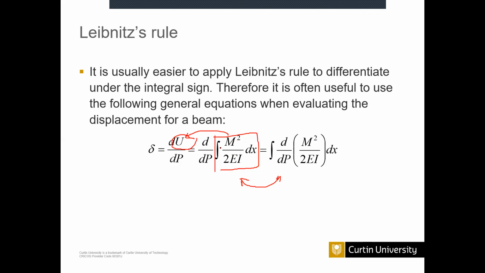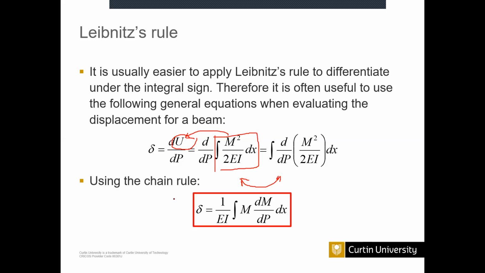Are we clear about that? Yeah. Then you can see here, for the bending moment, definitely there is a P, I mean load. Bending moment we normally calculate with the load.